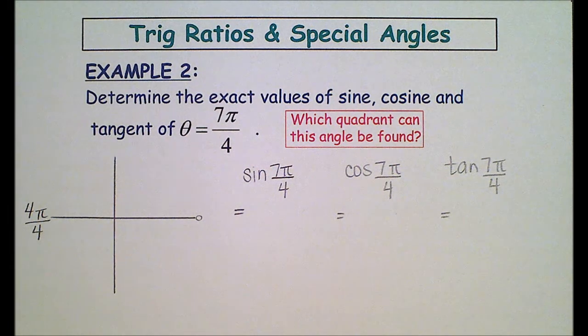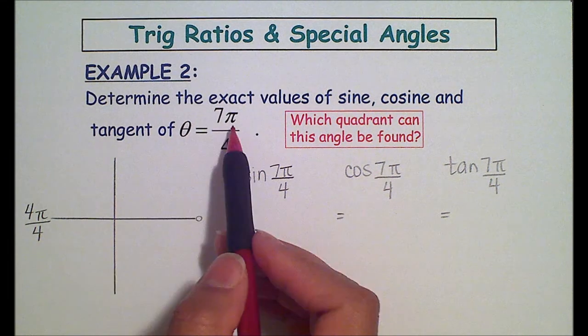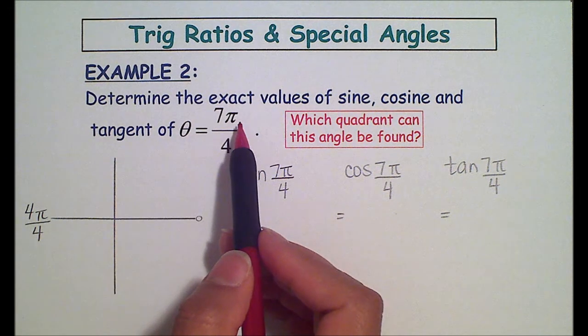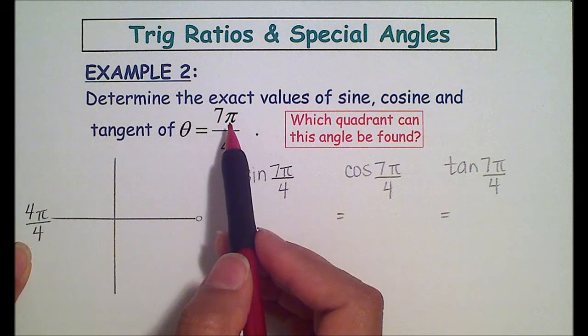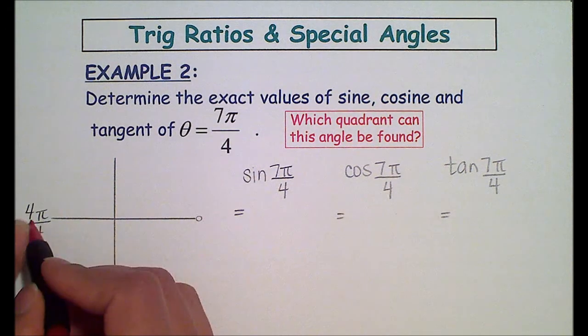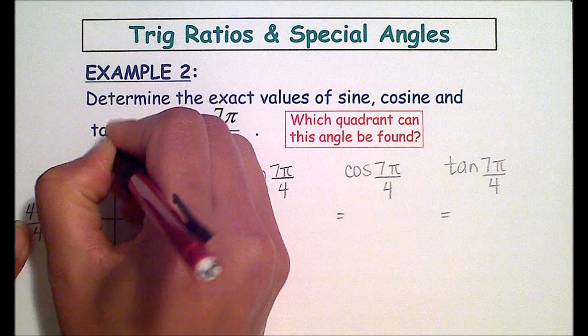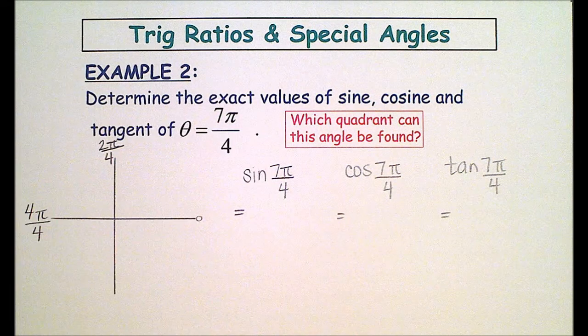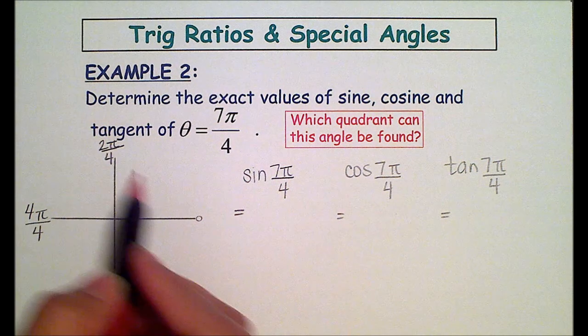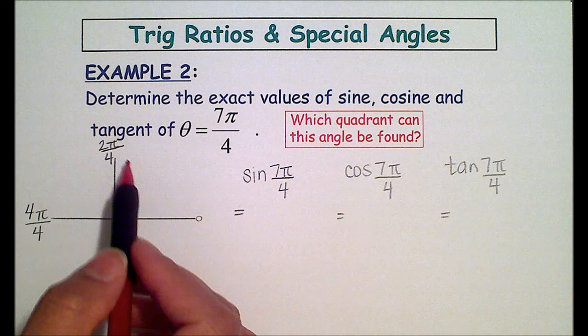So far, I know that I'm looking at 7 pi over 4, which is greater than 4 pi over 4. Halfway, this would be 2 pi over 4. So what that tells me is that every quarter of a rotation, I'm traveling 2 pi over 4.